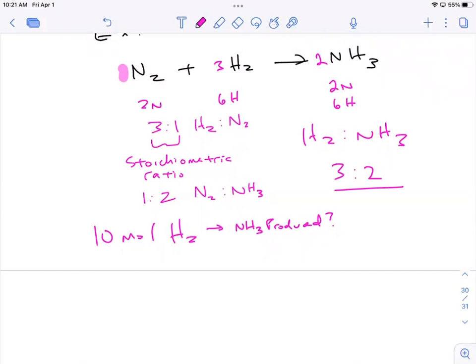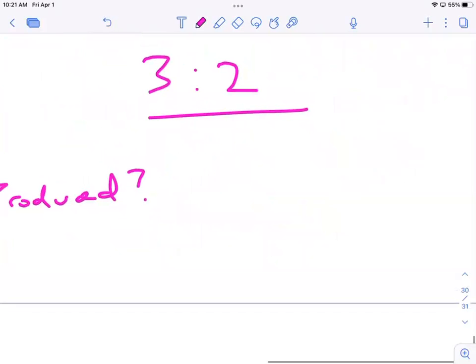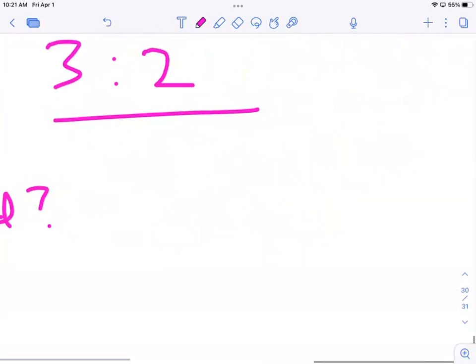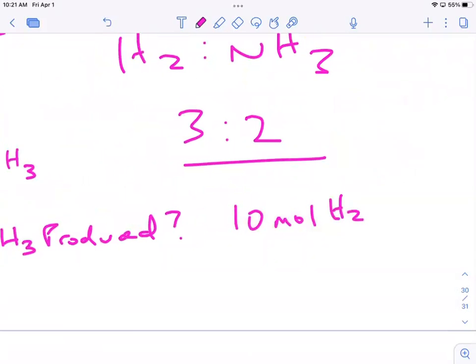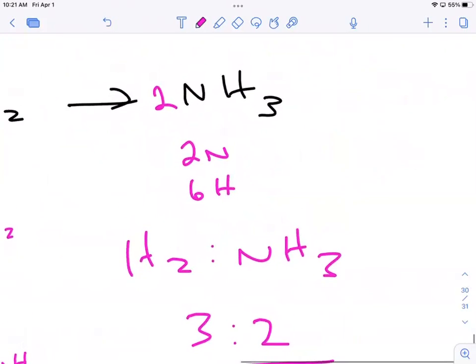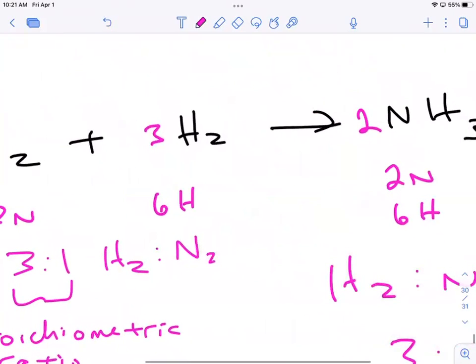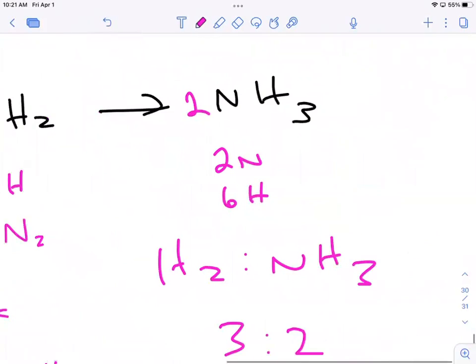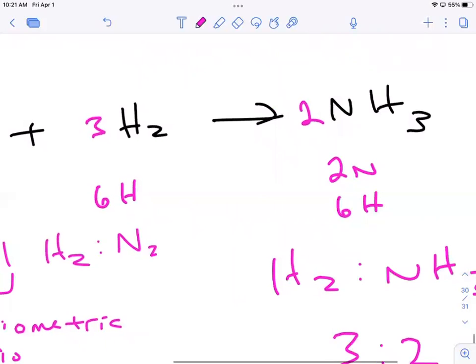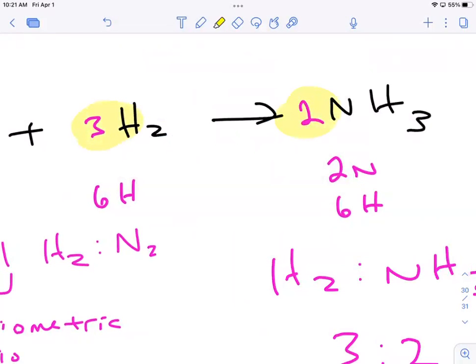Using multiplication. How would you do it? Couldn't I set it up like this? 10 moles of H2, and if I'm converting this to NH3, I want that on top. What's the ratio? 2 moles of NH3 to 3 moles of H2. Is that right? Based on these numbers right here. That's my relationship.